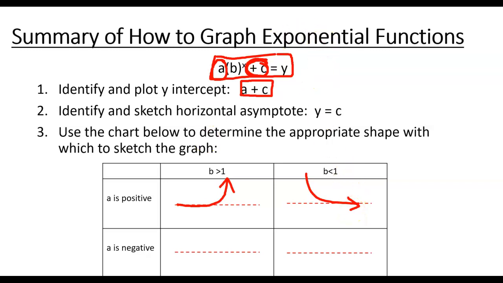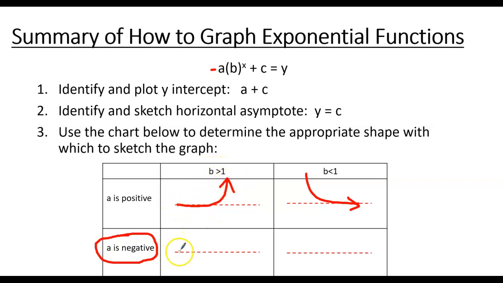But what happens if we make the number in front a negative? Well, remember, we said that will flip it upside down. So what happens, in other words, if my a value is a negative value? That will flip these upside down. So if a is negative and b is greater than 1, it won't look like this anymore. It'll get flipped upside down, so it looks like this now.